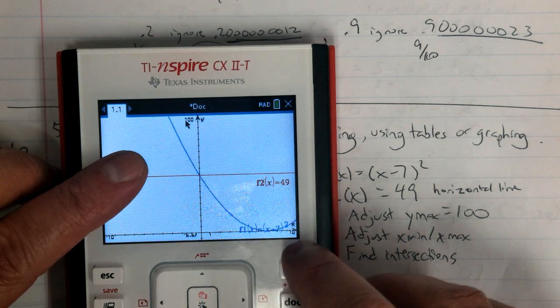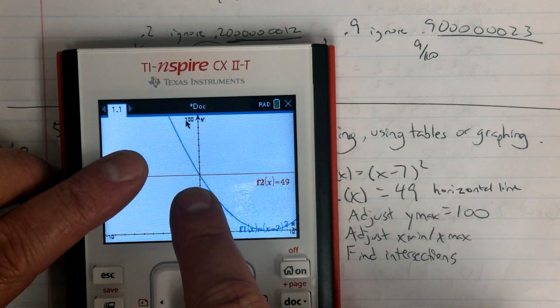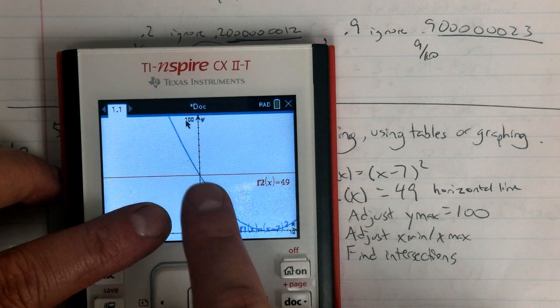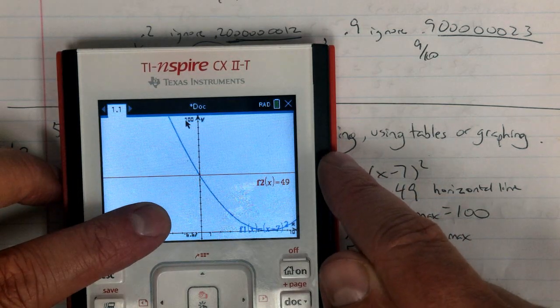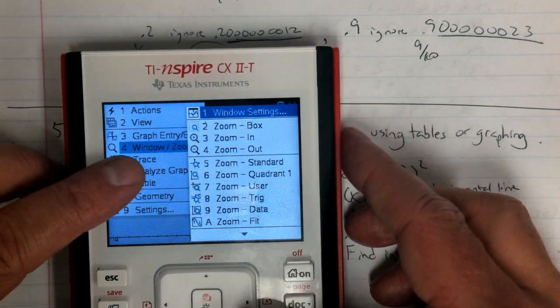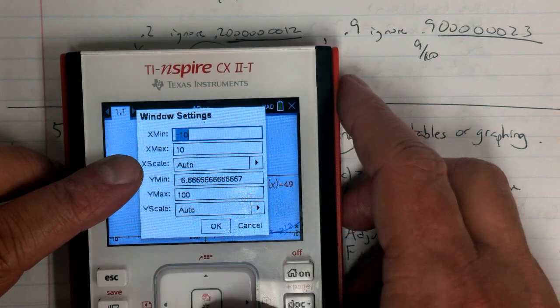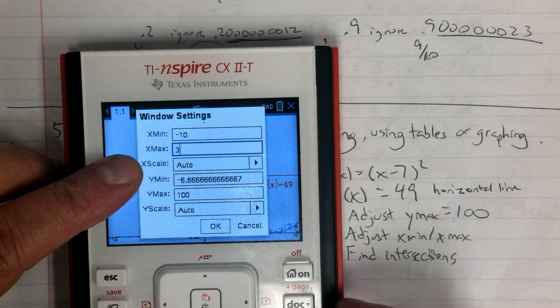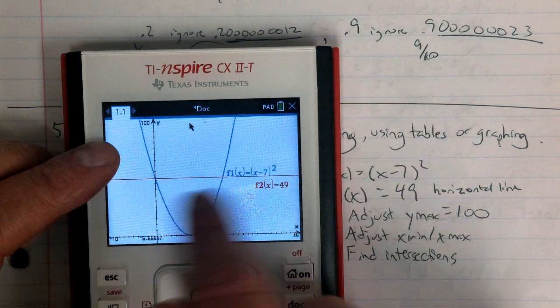And the first answer you can find there at 0, 49. The other answer's got to be over here, so you have to adjust your x max. So go to your window settings and change your x max to be like 30, and there you have it.